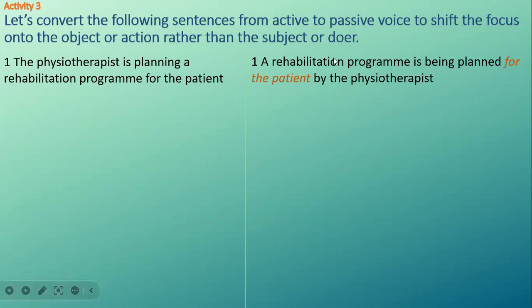It's obvious that the rehabilitation program is for the patient only. So, to make my sentence concise, I can say a rehabilitation program is being planned by the physiotherapist, rather than using the words for the patient again, because it's obvious that the rehabilitation program is for the patient.